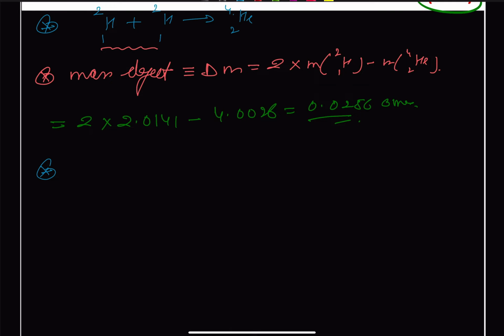So the Einstein equation gives us that our energy for the reaction is equal to mass defect multiplied by 931.5, and this is in mega electron volt.